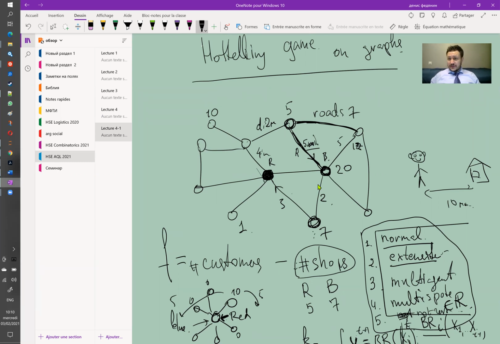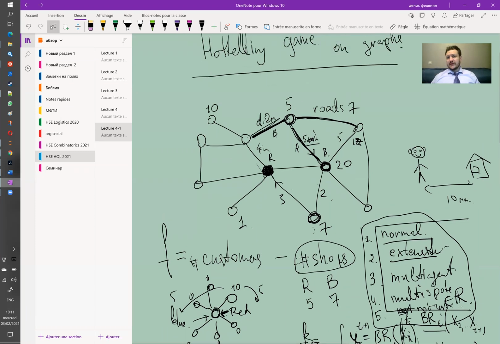But at the same time, our red player may not be aware of this road. This one is known only to blue. And we have to find the solution. Of course, if we are talking about a normal form game, we can find an equilibrium, but it's not so interesting to investigate the properties of such a game.